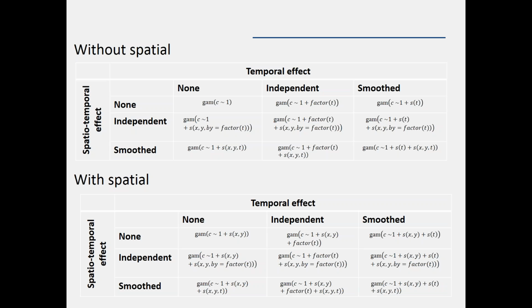And so you end up having to get into this hoary kind of vocabulary, where if you want a smooth on your temporal effect, you put 1 plus s(t), and if you want an independent spatiotemporal effect, you put s(x, y, by = factor(t)), which in mgcv land means you've got a smoother on spatial coordinates x and y, but it's separately estimated for every level of factor t.